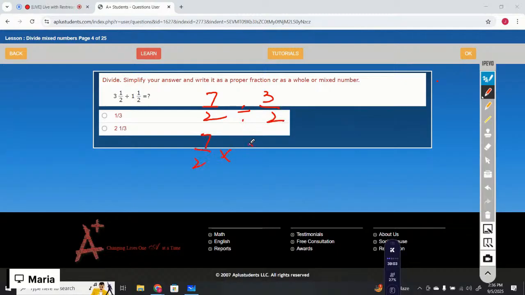So 7 by 2 times 2 by 3. 2 and 2 cancel out. 3 times 2 is 6 and 1 whole. 2 whole 1 over 3.